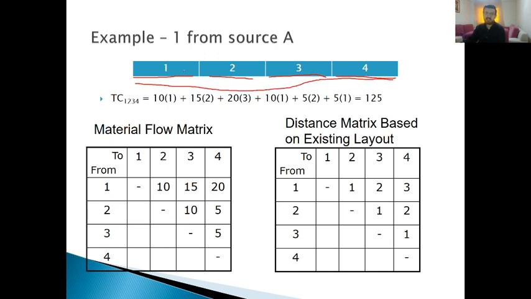Okay, each has an equal area. So suppose that this is the centroid of department 1, 2, 3, and 4. Okay, and this is the initial layout we have at the beginning.